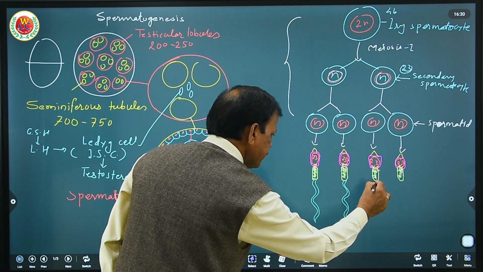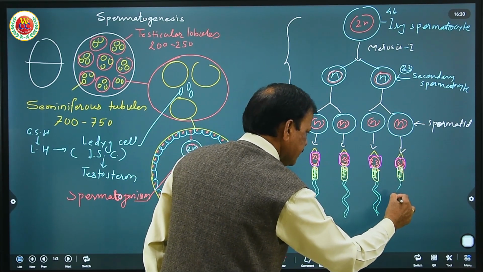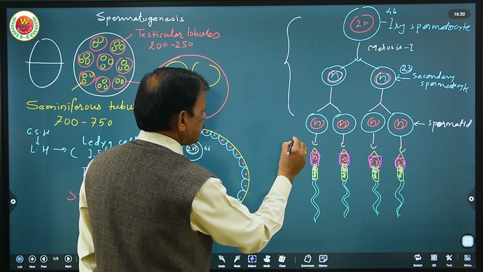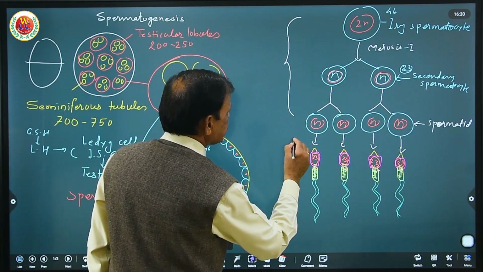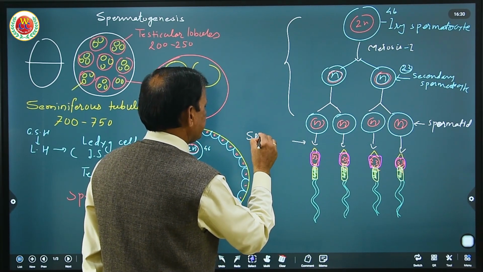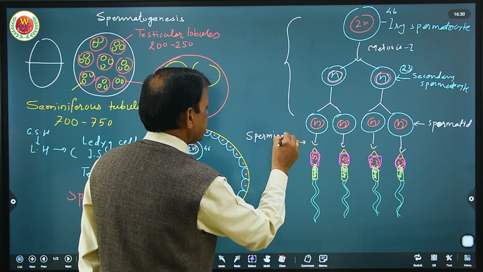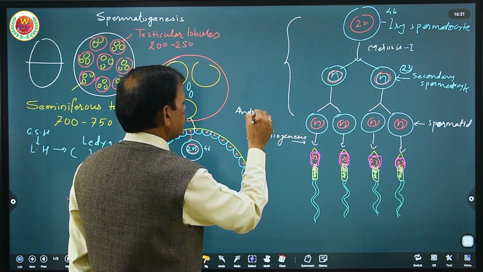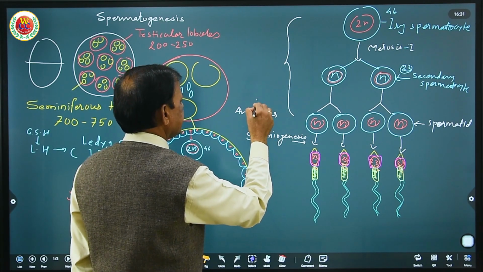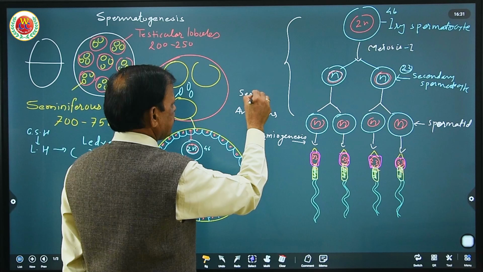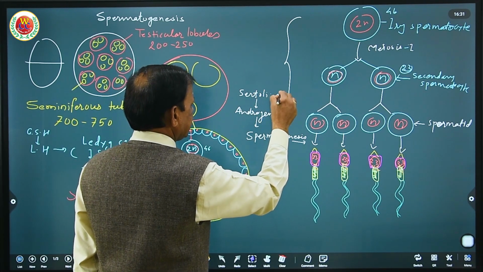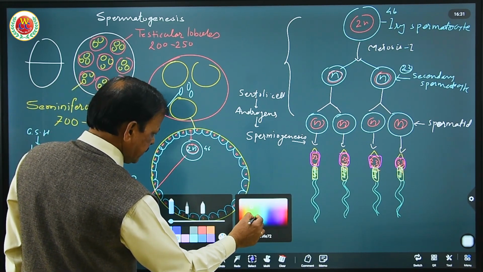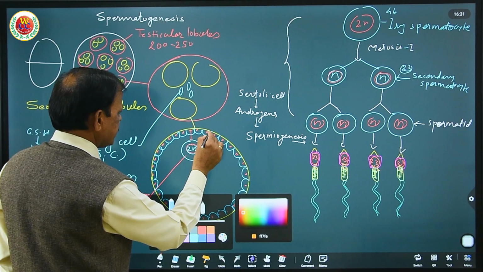These spermatozoa are produced by the process of spermiogenesis. It is controlled by androgens secreted by Sertoli cells. Sertoli cells are present in between these.